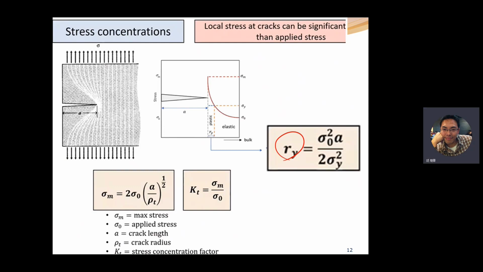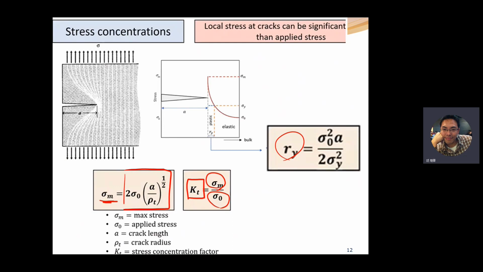And we already know that the maximum stress concentrated at the crack tip is geometry dependent, right? And we define the constant Kt as the ratio of the maximum stress concentrated at the crack tip divided by the applied stress.